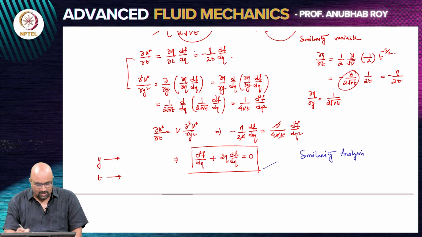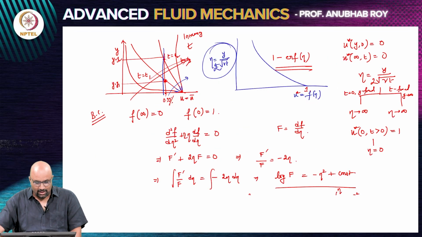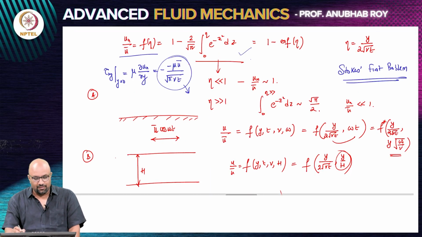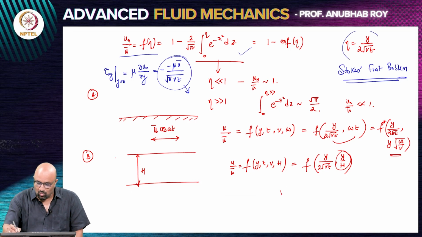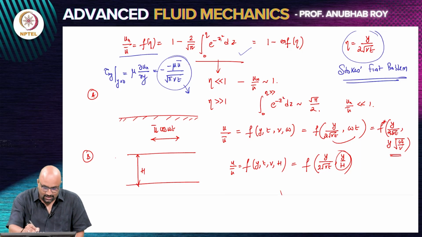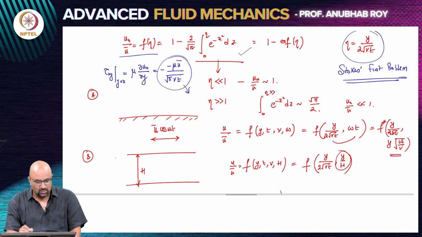So we arrived at this particular ODE, and on solving it, we are able to obtain the solution, expressed in terms of the coordinate eta, which is y by 2 square root nu t. Here z is a dummy variable, not the spatial coordinate z, just an integration variable.